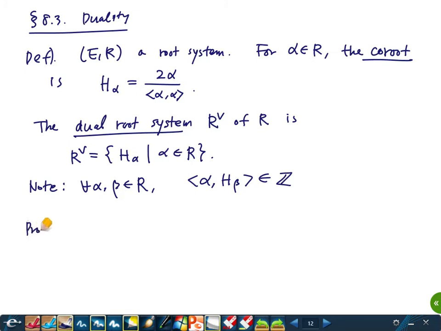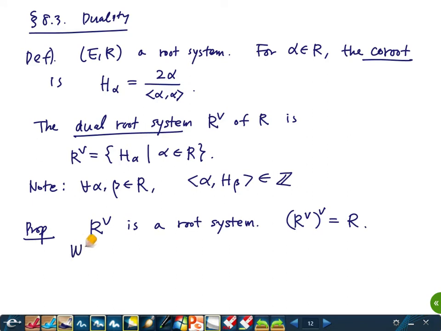And proposition: it is really a root system. So the dual root system is a root system. So R check is indeed a root system in its own right. And the dual of the dual is, as we can expect, itself.